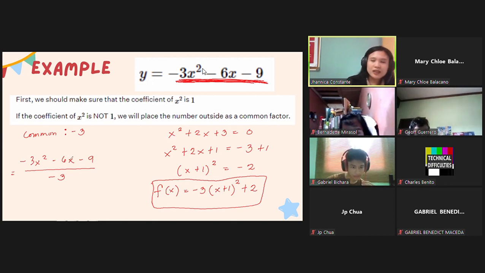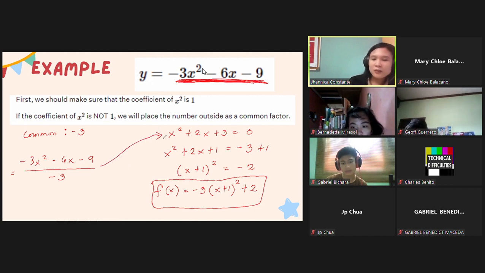Then -6x divided by -3 is +2x. And -9 divided by -3 is +3. So that's how we get x squared plus 2x plus 3 equals 0.